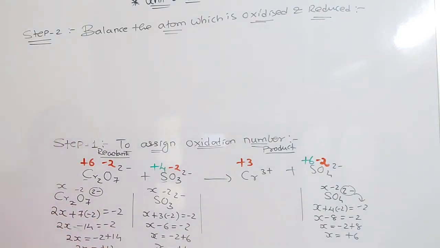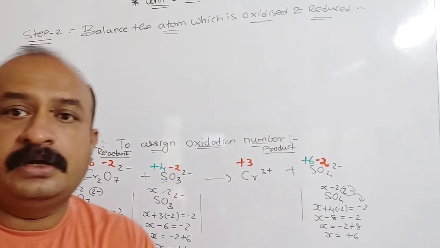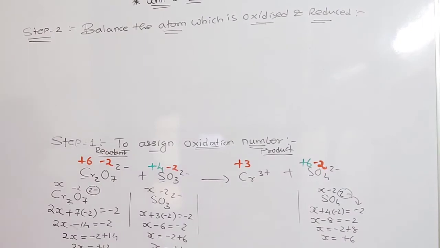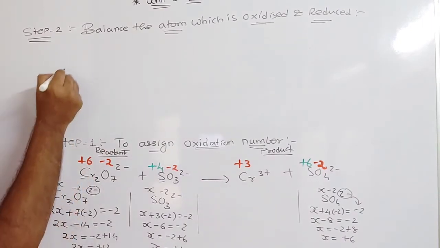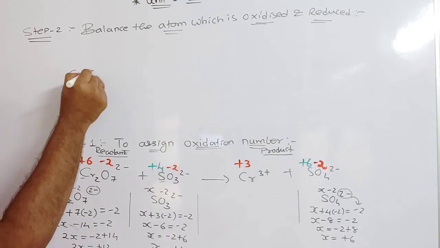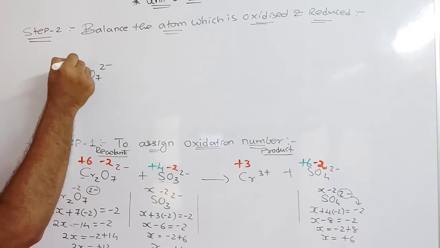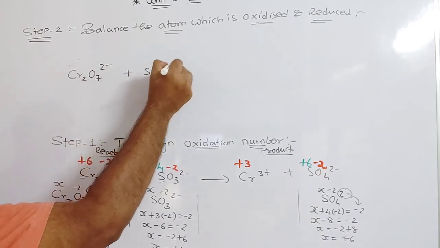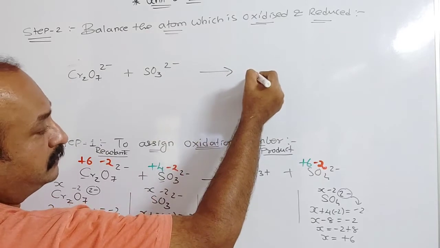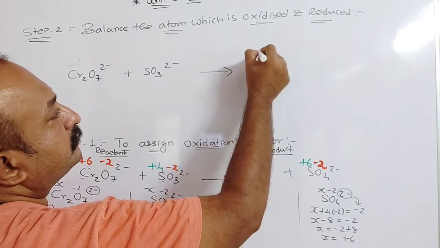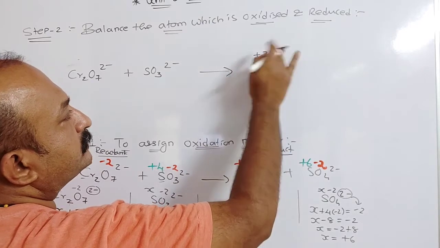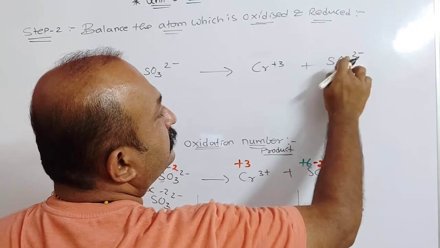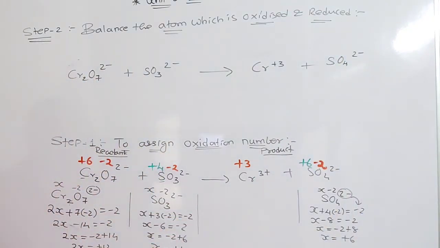Clear? Now, linear equation in 2 variables you must have seen, if you remember, in your lower classes. Just a minute. So here you will write the equation again. Cr2O7 2 minus, in this case +6, that I will write later, plus SO3 2 minus gives Cr plus 3, I will write here, plus SO4 2 minus.